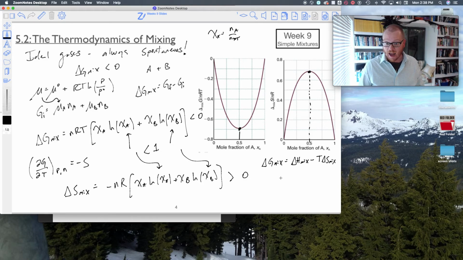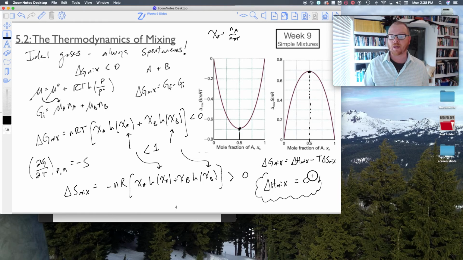They become equal and opposite, and the result is delta H of mixing an ideal gas is always 0, okay? So there's no heat released or absorbed when two things mix, and this is actually going to create our basis for understanding how liquids mix, okay? So we've established for ideal gases, they always mix spontaneously, and there's no enthalpy change when they do mix.